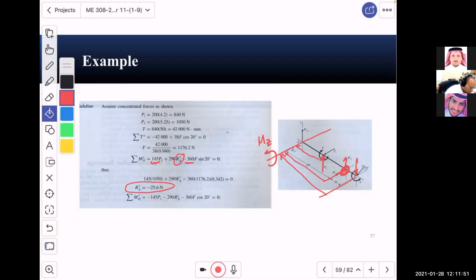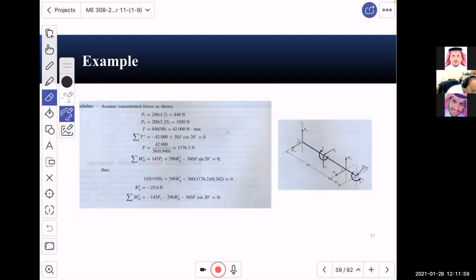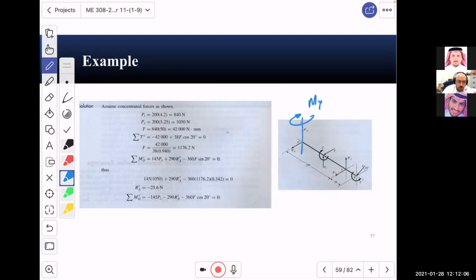Then we go to the next step, which is getting the moment along the y direction. So I'm going to mark this with a blue. This is the y direction. And now we want to sum up the moment along the y. So what are the forces that cause moment along the y? This one, our friend, which came from pushing the material forward.